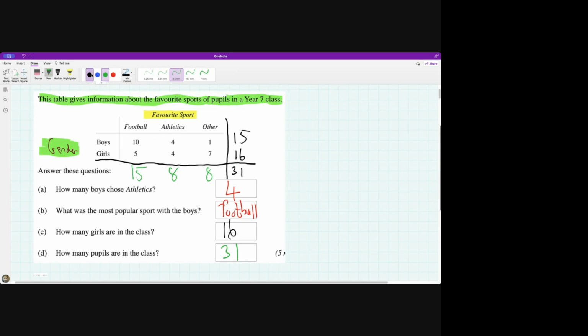Now, I want to ask you this question. In this class, if you randomly choose someone from the class, what is the probability that they will be a boy? So if you just look at your table, if you randomly choose someone, what's the probability they will be a boy?